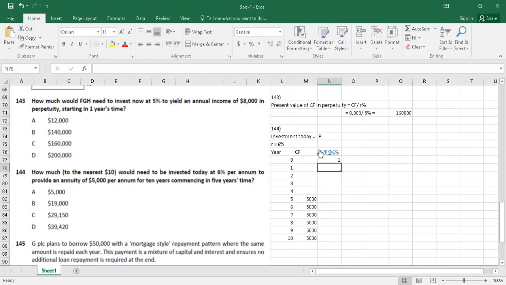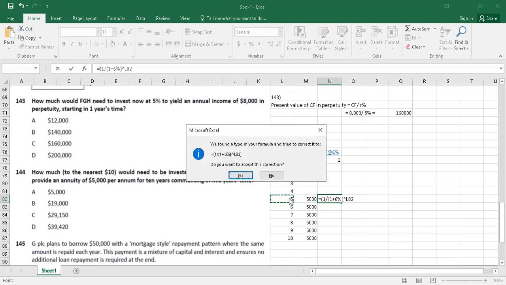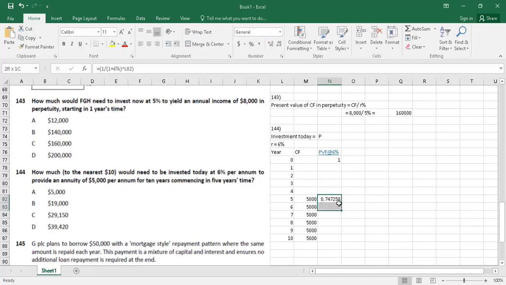First year it is always 1, then we can only take from the 5th year because we are doing it in Excel. That's the advantage of it, is equal to 1 by 1 plus 6%, the whole thing to the power of the year. Drag it, multiply that. Present value of cash flows.